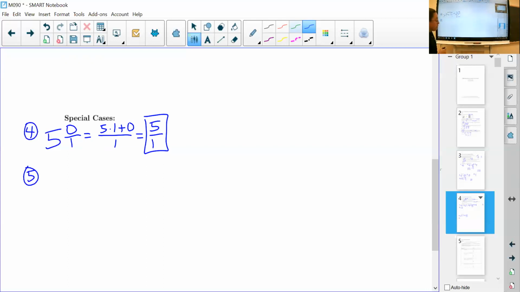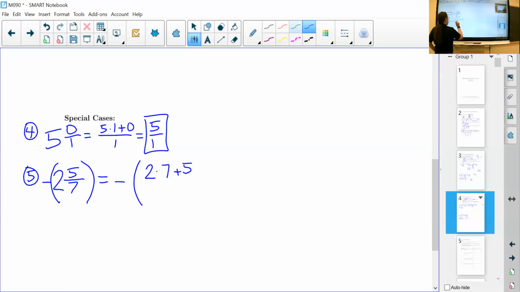Example 5 is -2 and 5/7. This is a tricky one. What I would recommend doing is thinking of this as -(2 and 5/7), adding the negative sign on the outside. So this is -(2 times 7 plus 5) over 7.